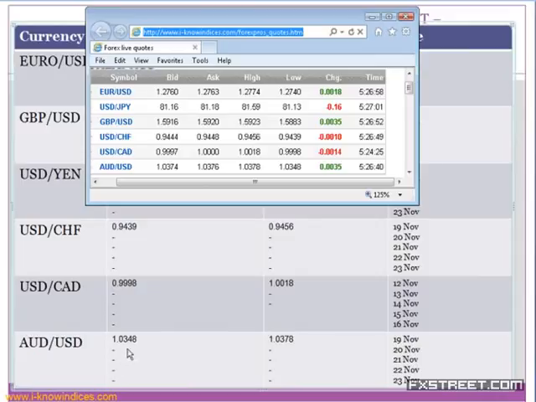Australian dollar, 1.0348 is the low, 1.0378 is the high. They are not breached. So in all the pairs, if you carefully see, they have done only about 20 to 30 pips spread, or 30-40 pips. Only in one pair have they done more than 40-50 pips spread.